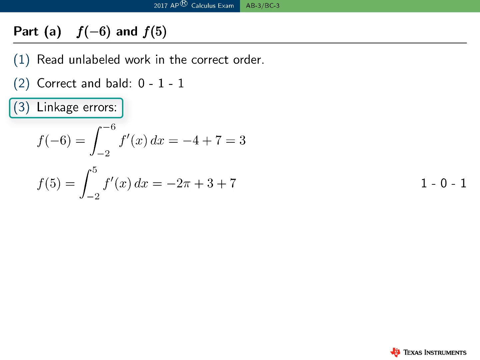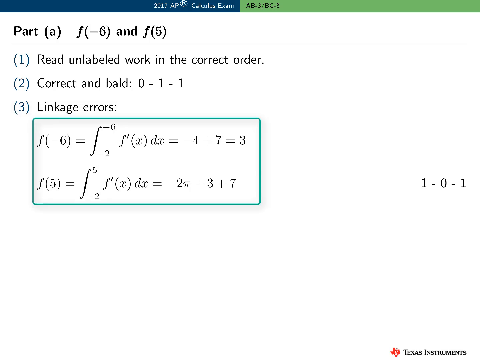Unfortunately, this problem led to some linkage errors, and that is what I call train of thought errors, or unequal expressions that are connected with equal signs. Here's a common linkage error in this problem. Suppose these 2 expressions appear on the page. In the first expression, the student would earn a point for using the initial condition, but they would not earn the second point for the value of f of minus 6.